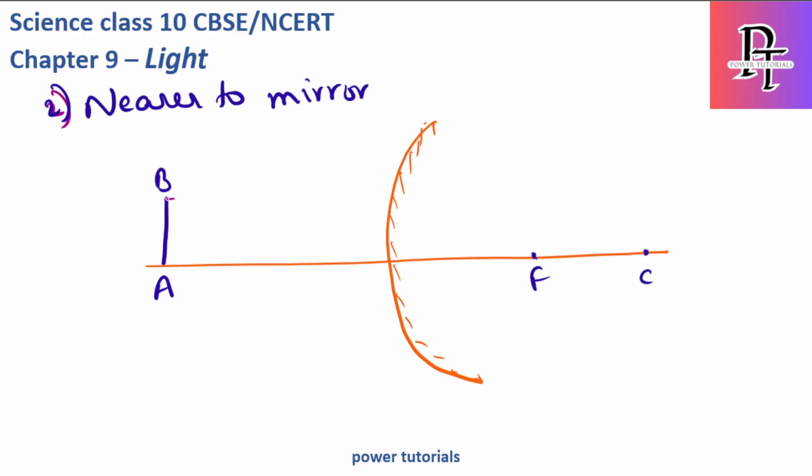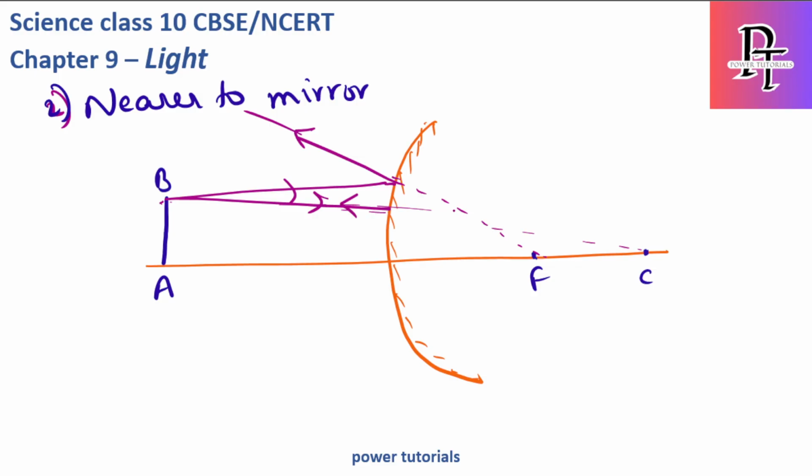If I draw a line parallel to the principal axis, it will get reflected through the focus. Second, if I draw a line passing through the center, it will get reflected along the same path. If I extend these two rays backward, I get the intersection point here. So this is the image.